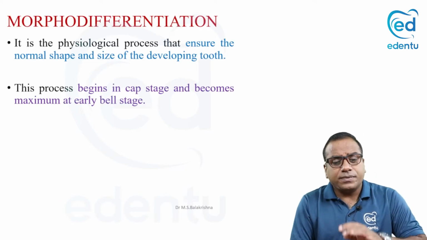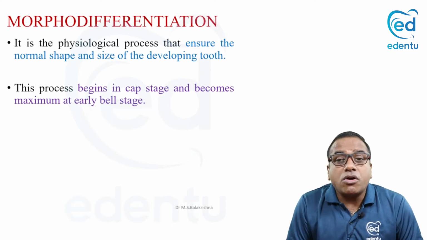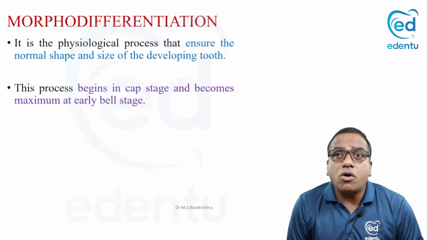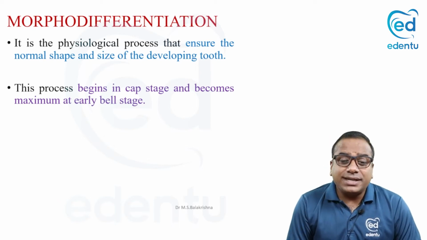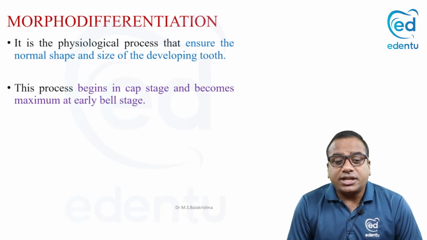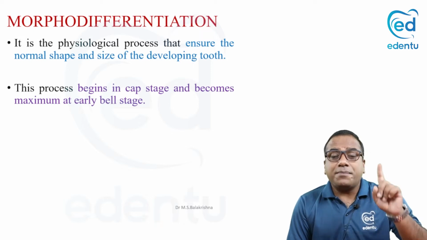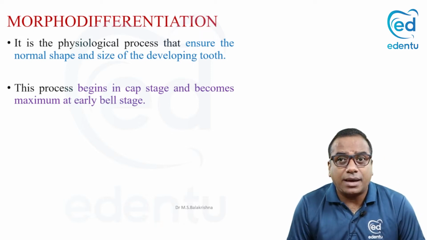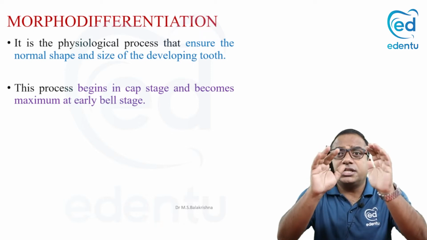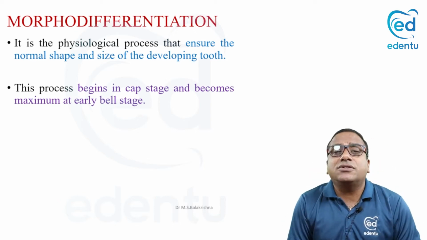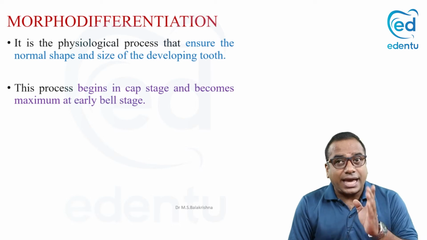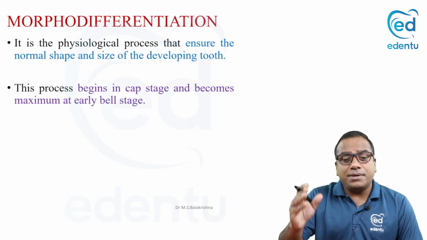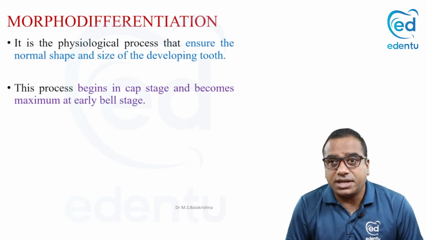Next is your morphodifferentiation stage. Morpho, so morphology means the shape. It is a physiological process that ensures the normal shape and size of the developing tooth. So morphologically the shape is changing and the size of the tooth is changing here. This process begins in the cap stage and becomes maximum at the early bell stage.